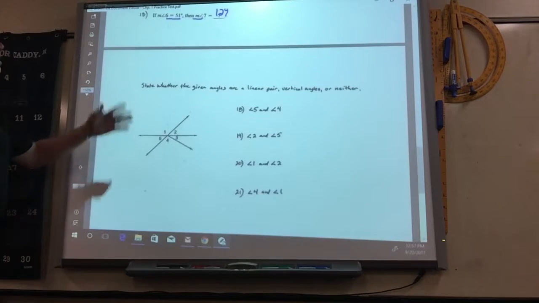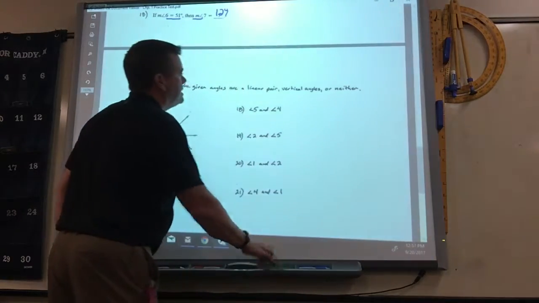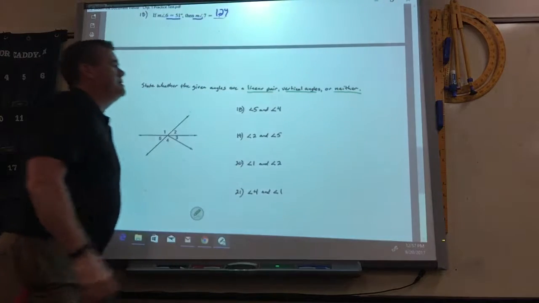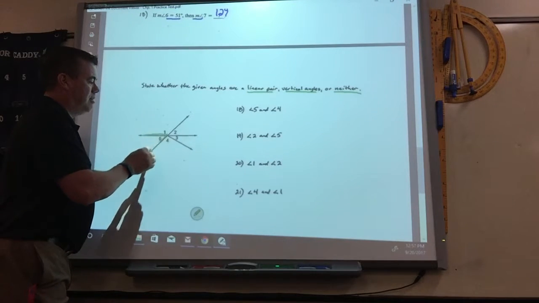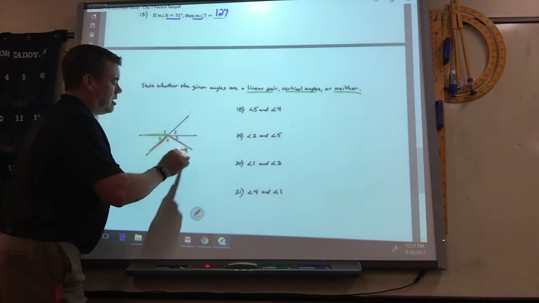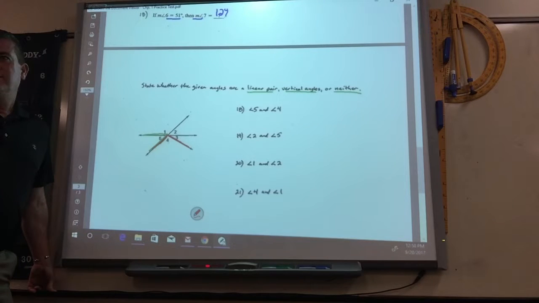Okay, so this is where you need to know what these are. Linear pair, vertical angles, or neither. So when you look at the picture, angle 5 and angle 4 are not vertical because they're not across from each other. Neither.